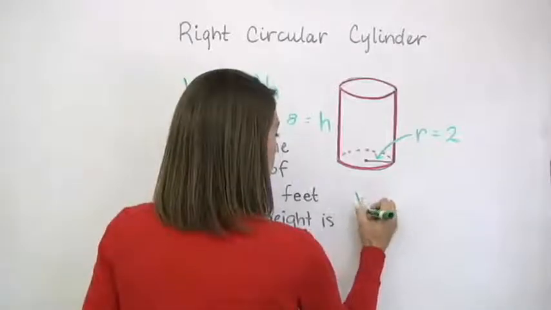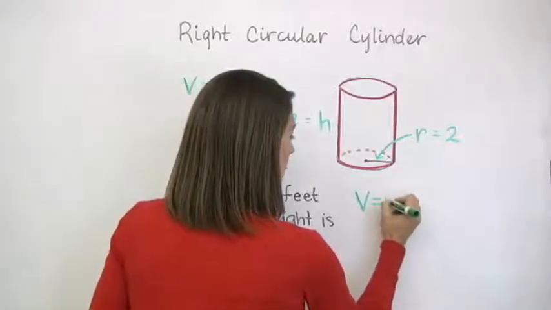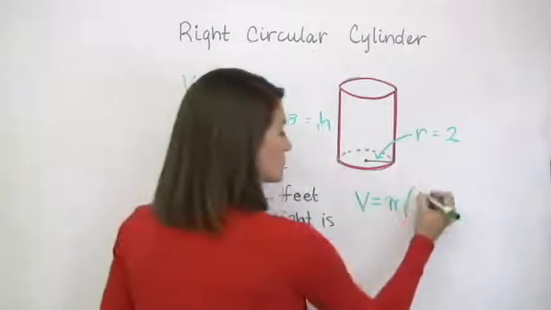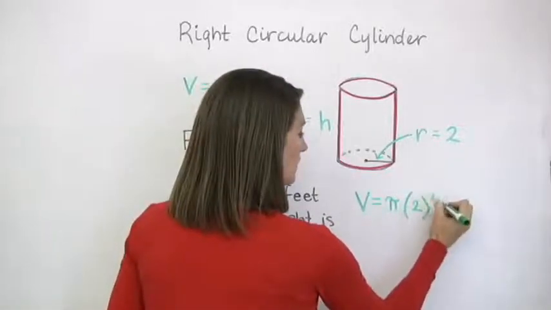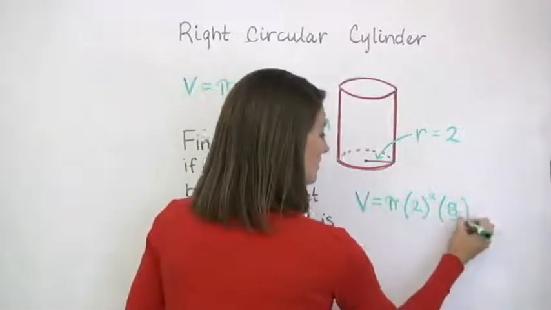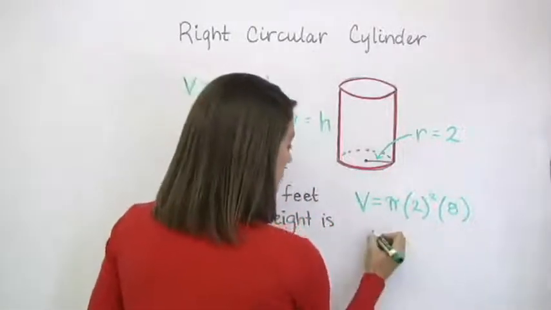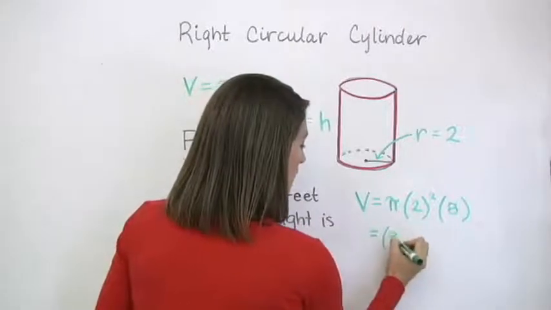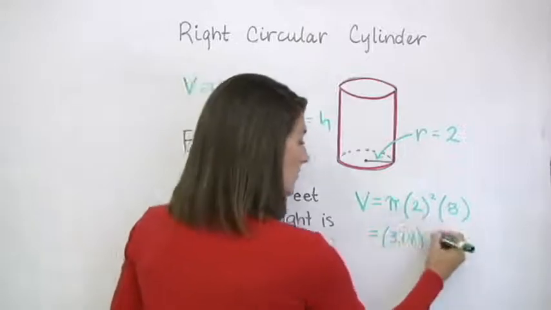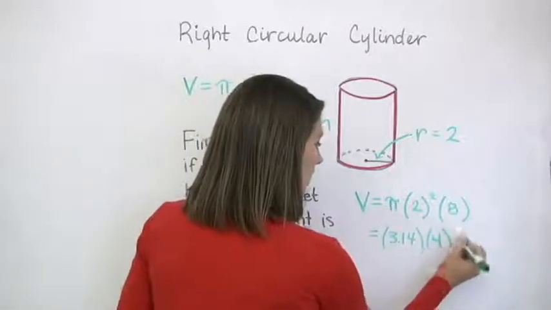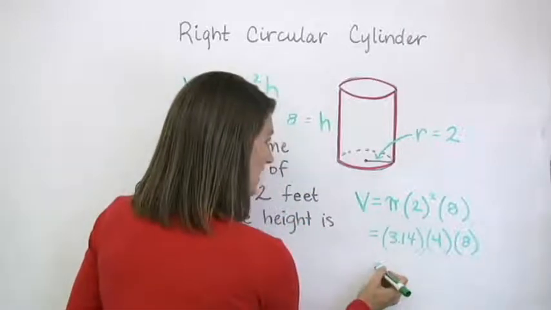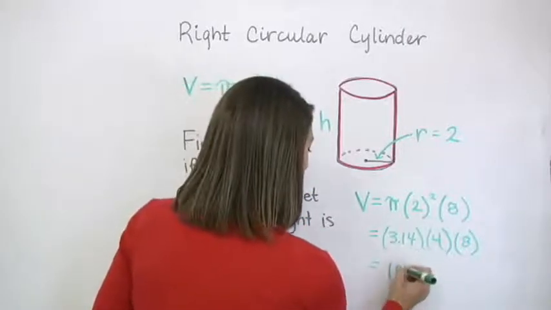We have volume is equal to pi times our radius squared, which is 2 squared, times our height, which is 8. Let's do this multiplication. We'll use 3.14 as our value for pi. 2 squared is 4 times 8.